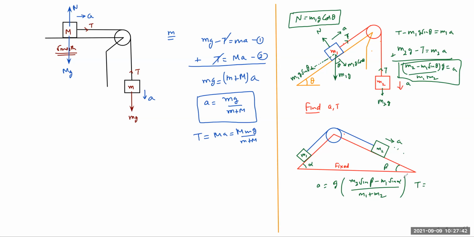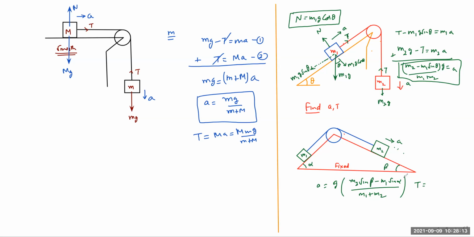Can you tell me the equation you're writing for getting T? T equals m2a plus m2g sin beta. Okay, that's wrong, I think. Check again, that's wrong.